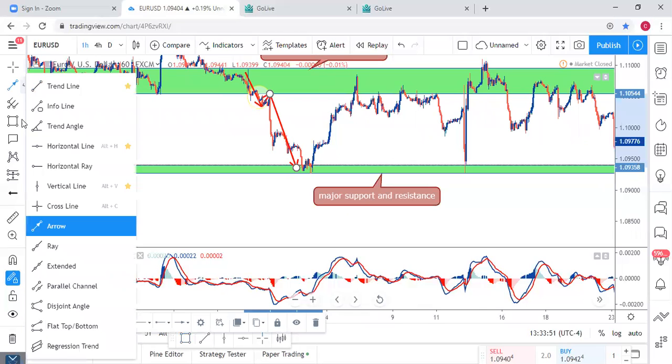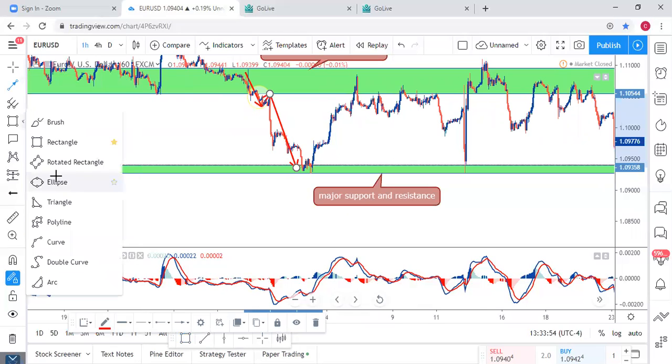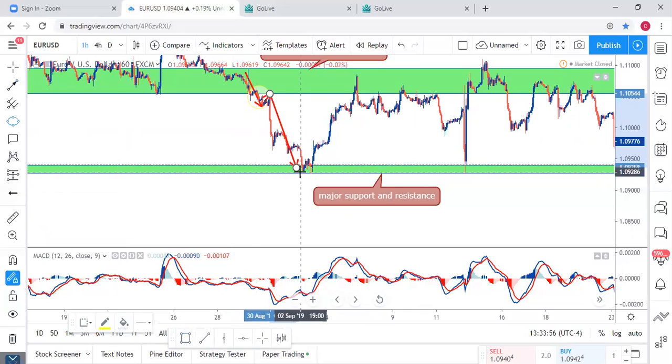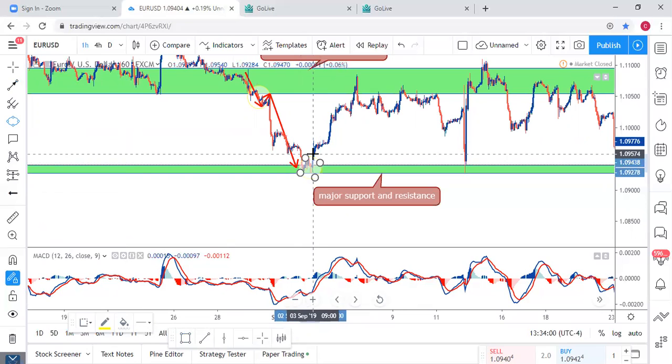You had some action happening in that particular area, and I'm going to explain why this area could have been a point of entry for you to get into this trade.